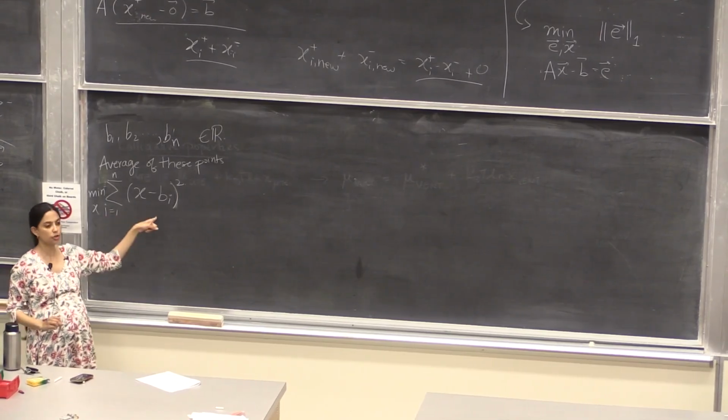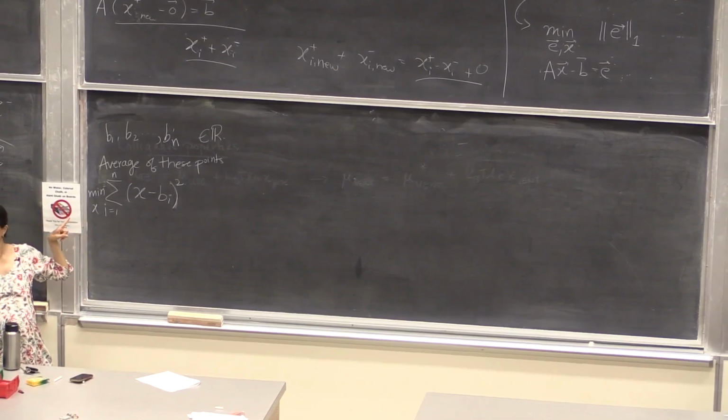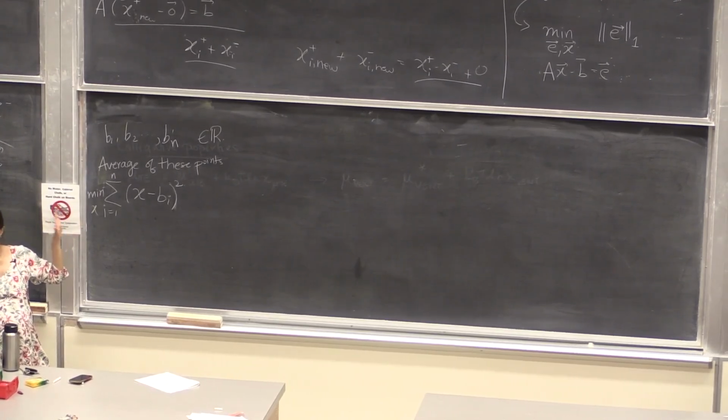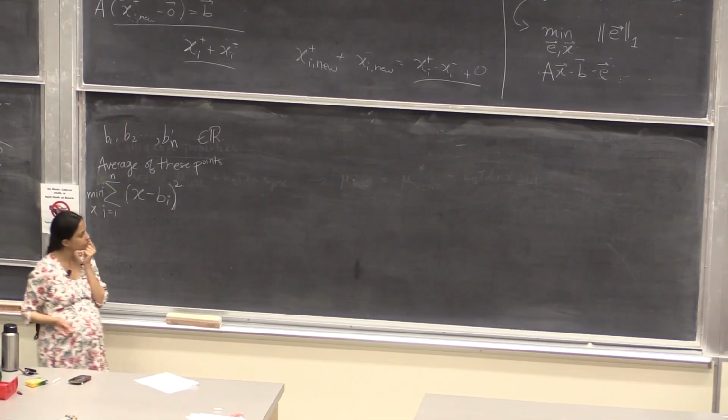And what is the solution to this? What is the minimizer of this? We all know. We've done this a lot now. It's just the sample mean, right? It's just the average, exactly. Everyone remember this? We're good? Okay.